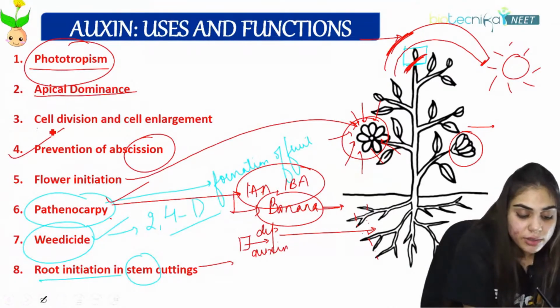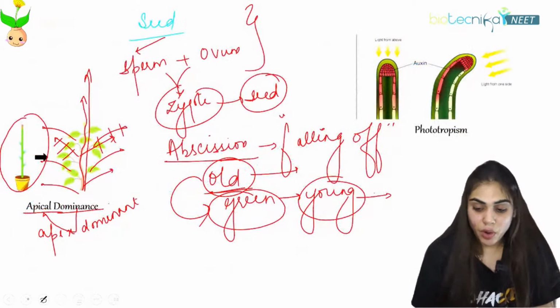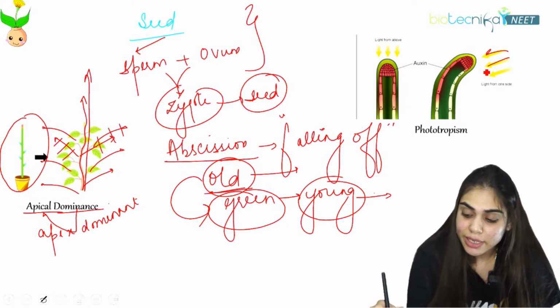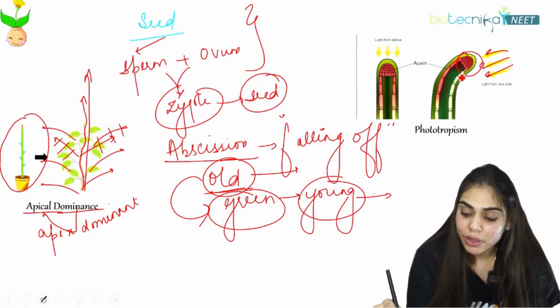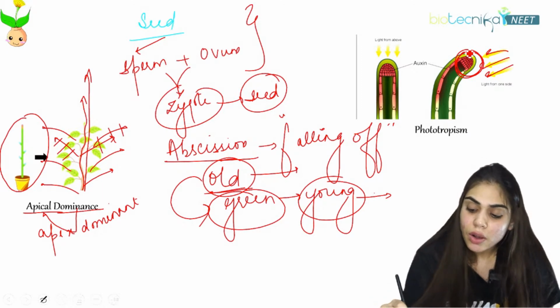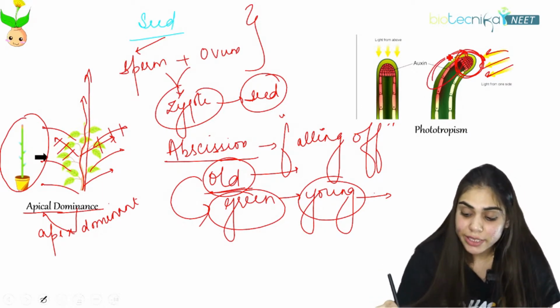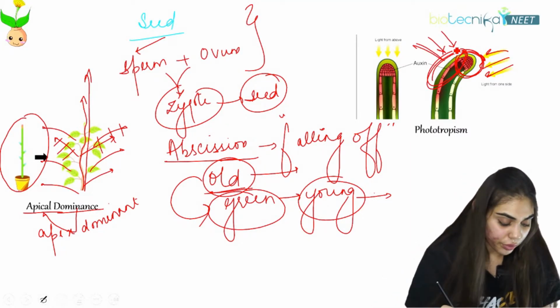That means auxin is also helping in the process of cell division and cell enlargement. So you can see here, when the plant is directly exposed to light, what will happen? The auxin will be accumulated here. It will cause the plant to bend towards the lighter side because more auxin is produced here and the cells of the shady parts are dividing more.